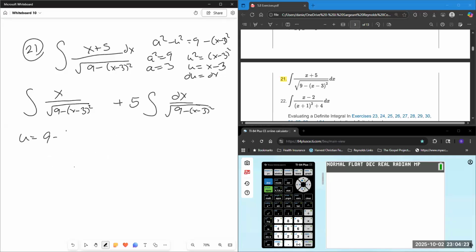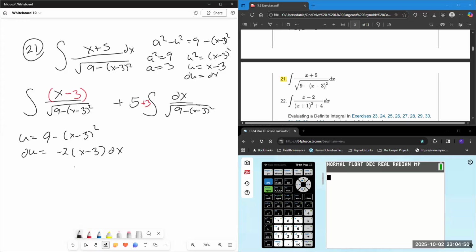I make this 9 minus 3 squared, du is a negative 2, x minus 3 dx. So first things first, let's go ahead and subtract 3, and let's add 3 to balance it out.